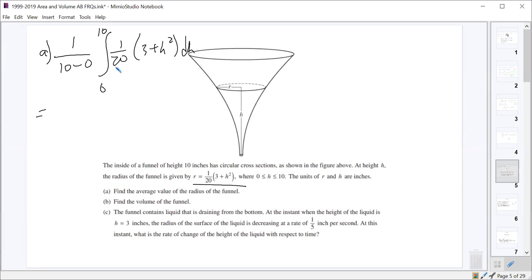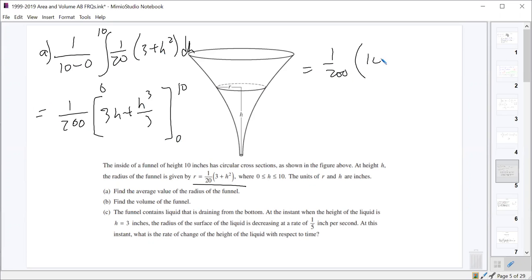The 10th times the 20th is 200. And so then we're going to integrate 3 plus h squared to become 3h plus h cubed over 3 from 0 to 10. And that gives us what? 1 over 200 times 10 plus 1,000 thirds.